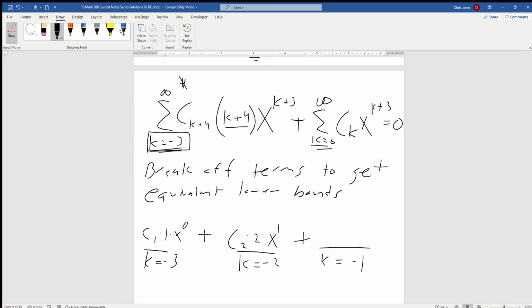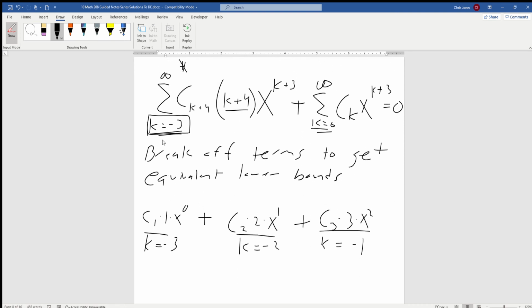And then finally, we're going to plug in -1 into the sequence. And so that becomes c sub 3 times 3 times x squared. All right? Because we broke off -3, -2, -1, we can now start the index at 0.